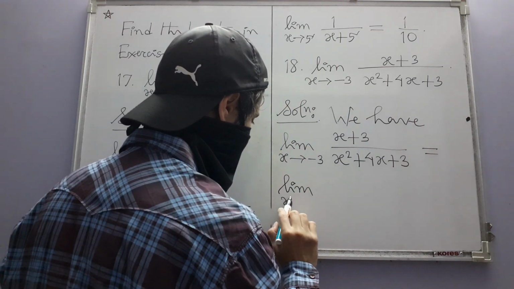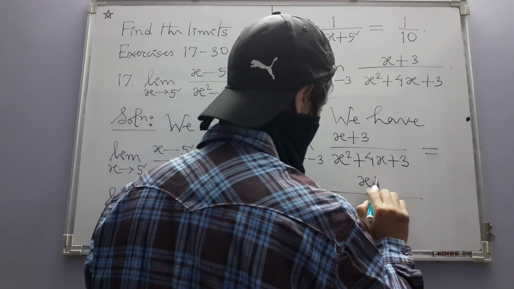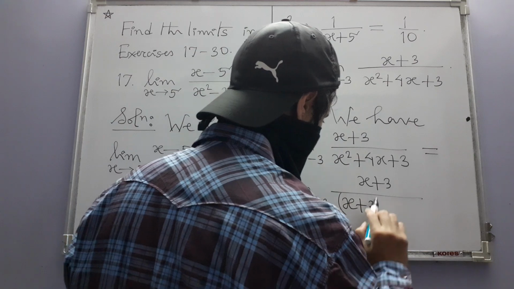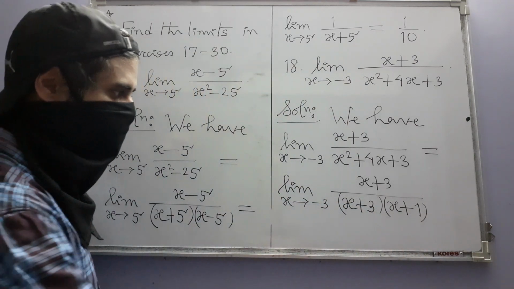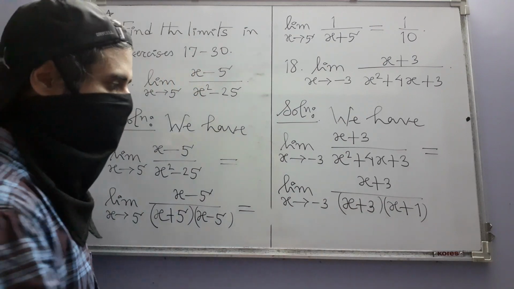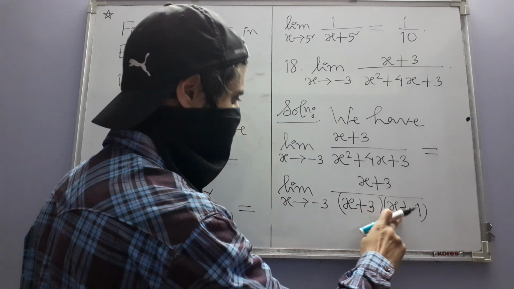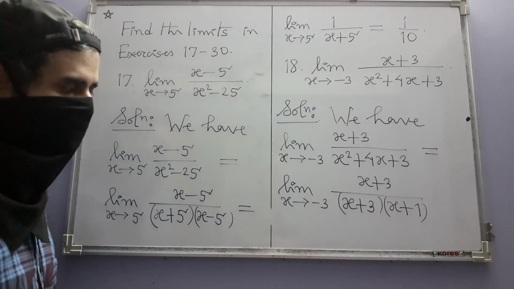It's not very difficult to see that the denominator is just x plus 3 times x plus 1, because if you perform the multiplication, what will you have? x squared plus 3x plus x, that means 4x plus 3.